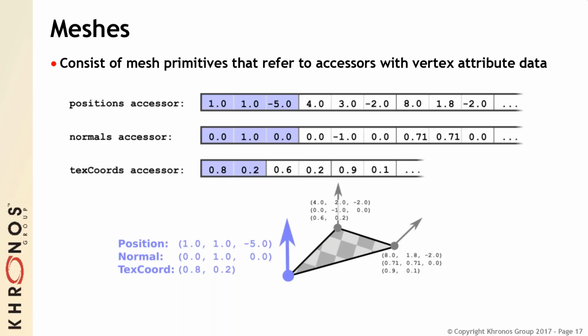And this accessor data then is accessed via indices. So, for example, you can have an indexed mesh or a mesh without indices, and each of these accessors provides the data for one attribute.